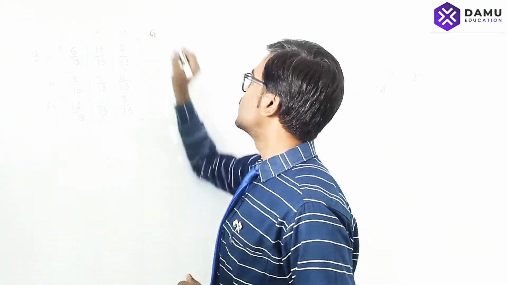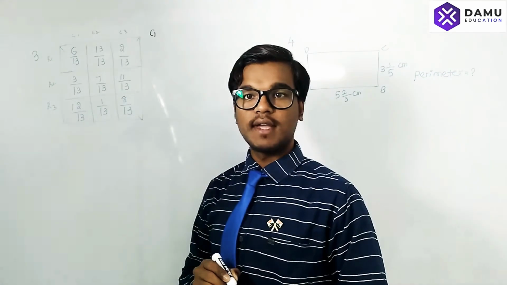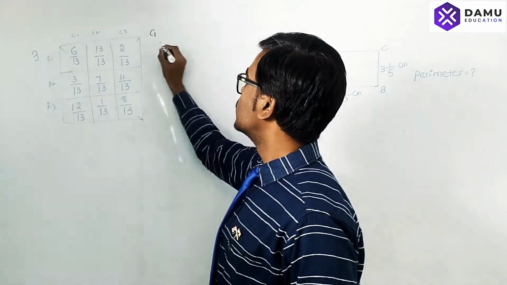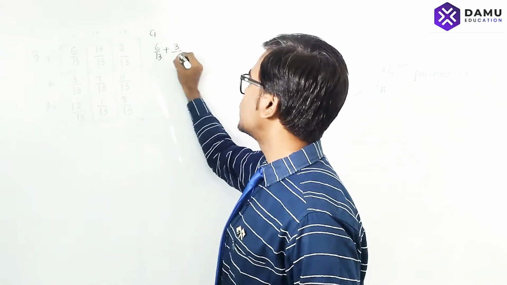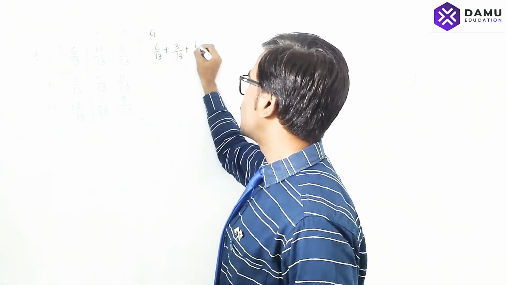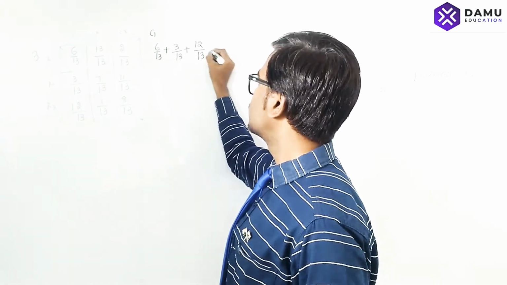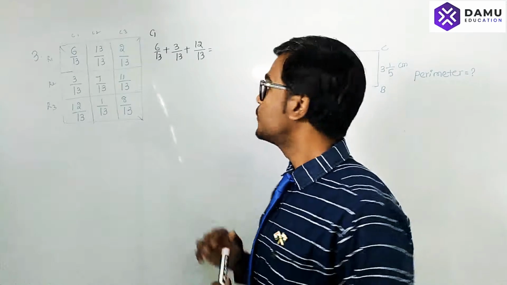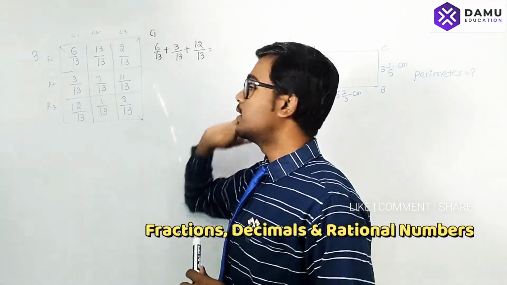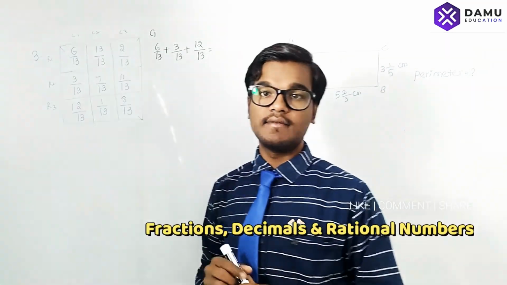C1, the sum of all its values: 6 by 13 plus 3 by 13 plus 12 by 13. Down here all the denominators are equal, so the LCM will be 13.